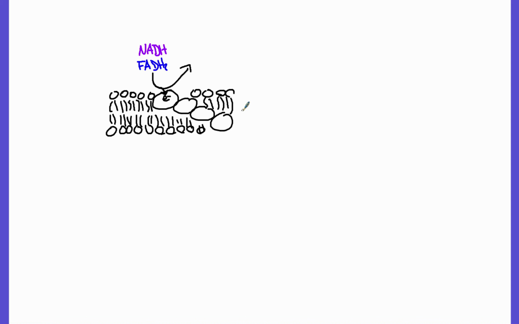But all I need to do is drop off these electrons from these high energy molecules so they turn back into their NAD plus and FAD plus 2 counterparts. And those electrons are going to move down this transport chain. And this is very, very similar to what we had before, right?